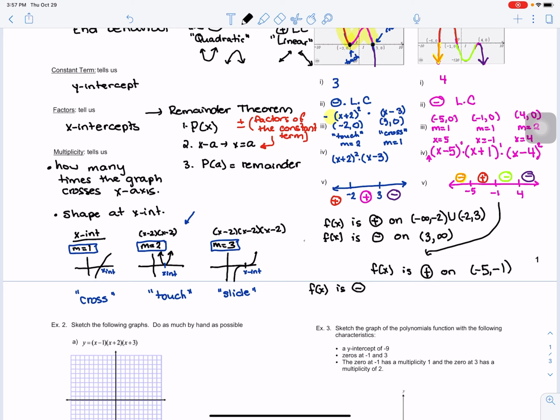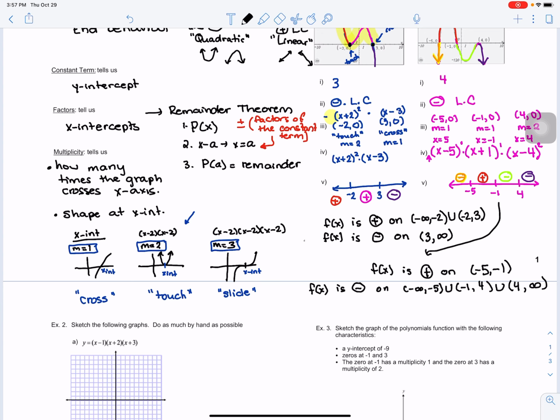My function is negative on -infinity to -5, union -1 to +4, union +4 to infinity.